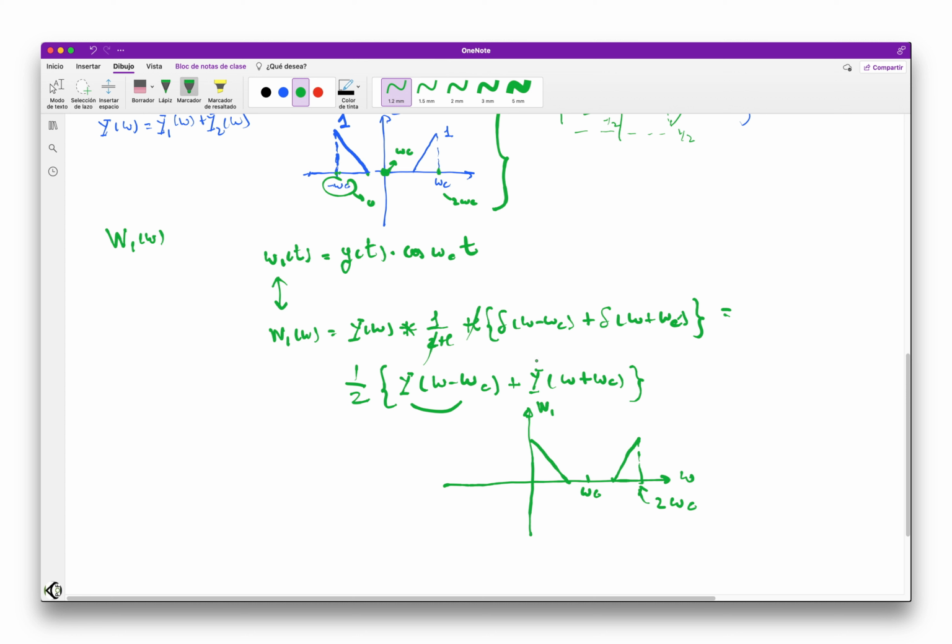And then we also need to move Y to the left by omega_c. Let me draw it in red.